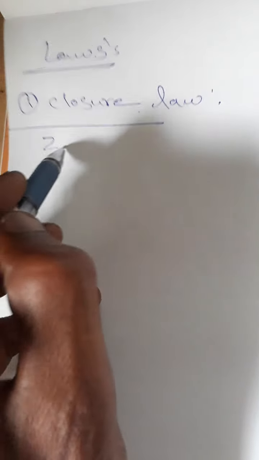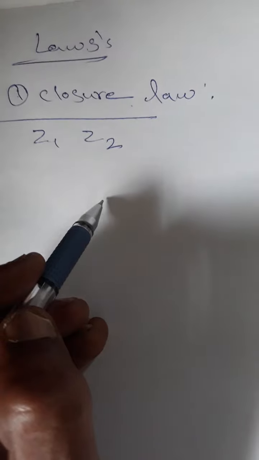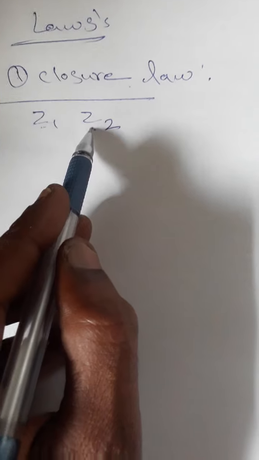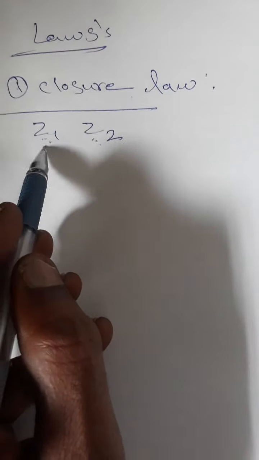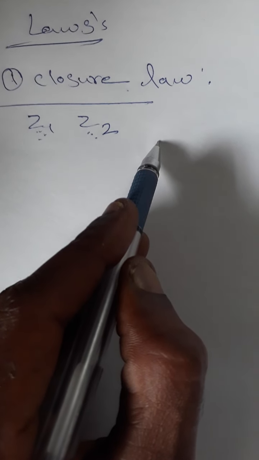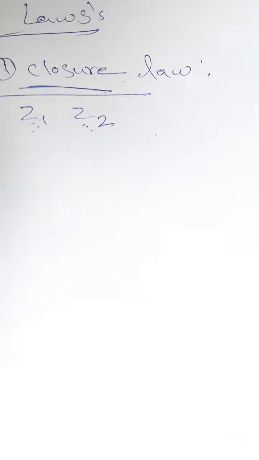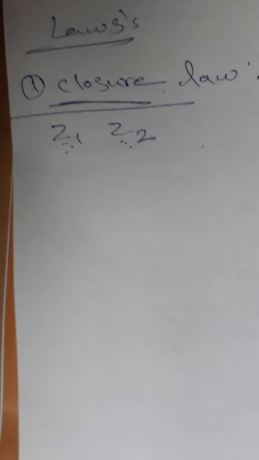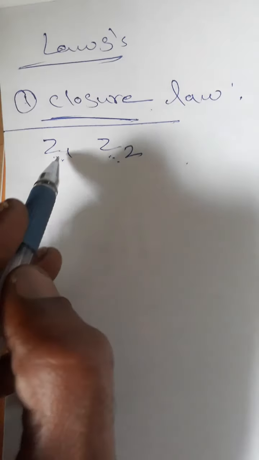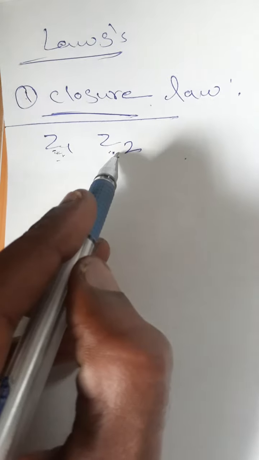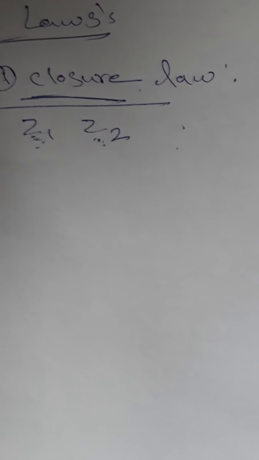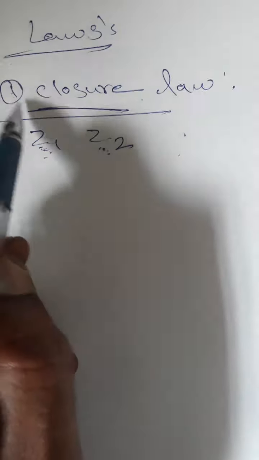In closure law, if z1 and z2 are any two complex numbers, and when you add or multiply any two complex numbers, again if you get a complex number, then you say that the closure law is satisfied. So I repeat this once again. By the closure law we mean if you operate on any two complex numbers and you get another complex number only, then you say that it holds good.